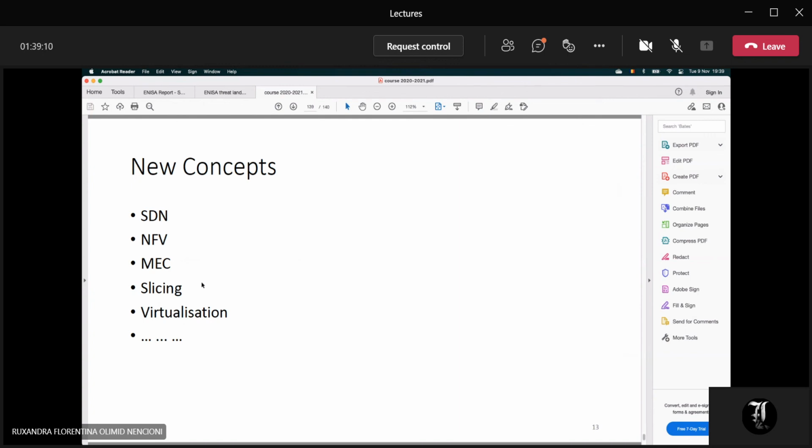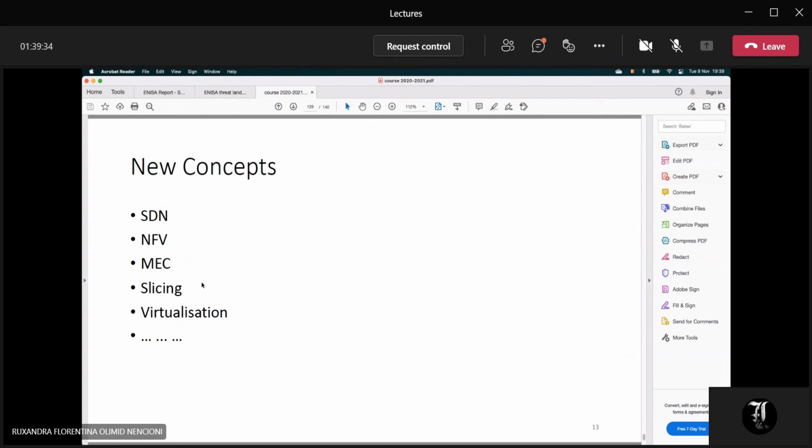The software-defined network. So basically, we tend to do everything in software and less in hardware. And that can be good or can be bad. So not having specialized hardware for different things. And NFV, network function virtualization, when basically I try to implement the functions of the network, like routing, for example.